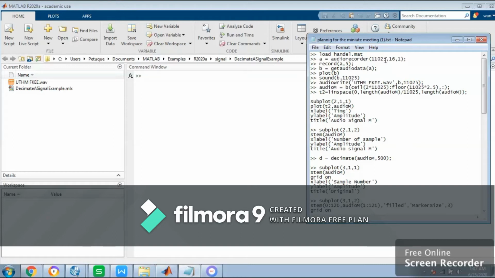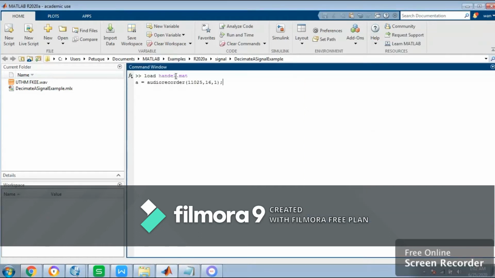Okay, first we will start the coding using the load function. Then we will use audio recorder to record the audio at 11025 sampling frequency, 16 bit, and channel 1.